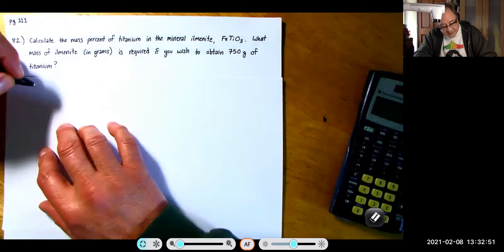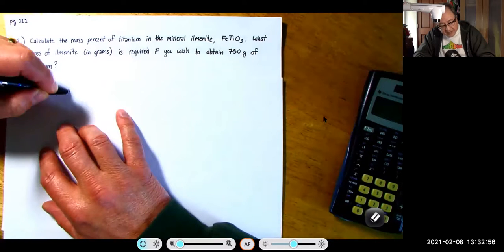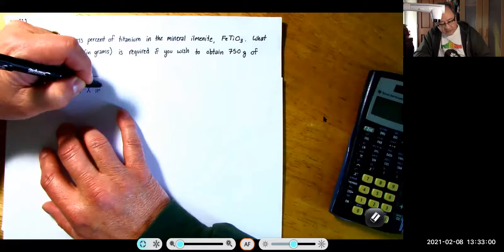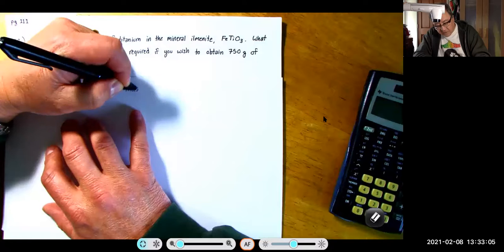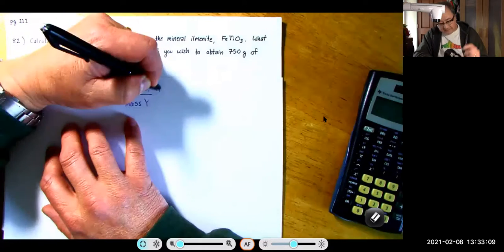So mass percent, we'll say of X in Y, is equal to the mass of X over the mass of Y times 100%.